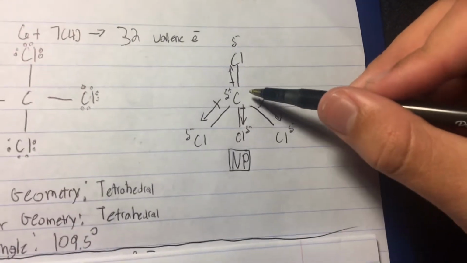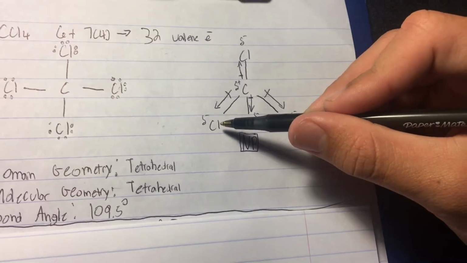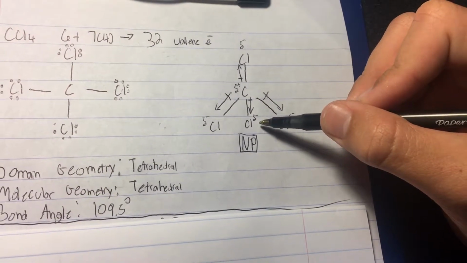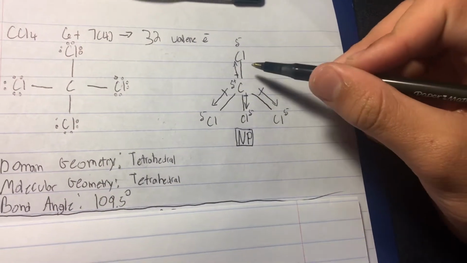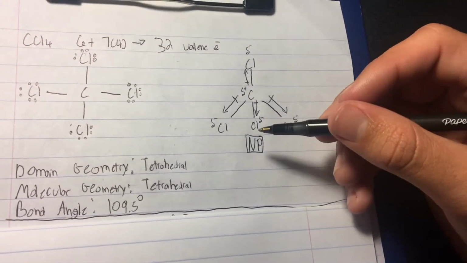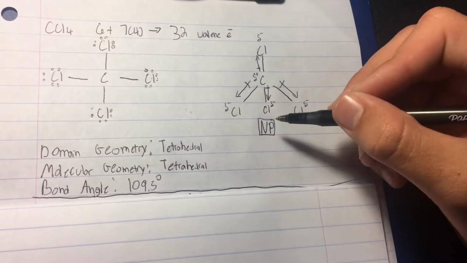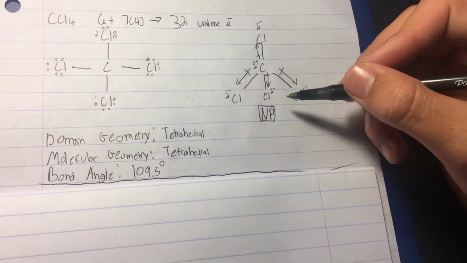So this is what the molecule actually looks like. It has a partial positive charge on carbon, and a partial negative charge on each of the four chlorine atoms, thus having the same domain geometry and molecular geometry, able to cancel the net dipole, leaving this molecule to be nonpolar as well.